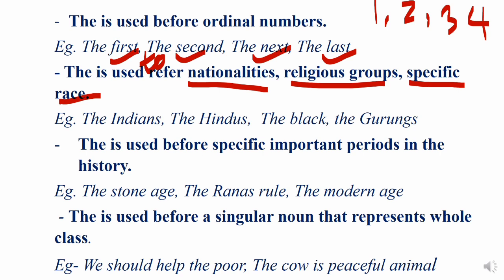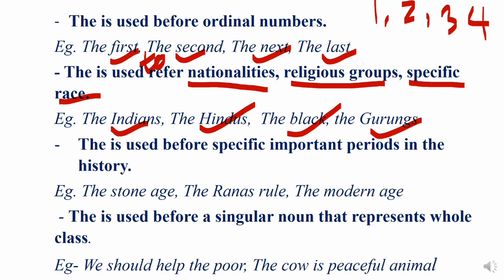For example, the Indians, this is the nationality. The Hindus, a group of Hindus. The black, a group of black people. The Gurungs, a group of Gurungs. So the Indians, the Hindus, the black, the Gurungs.